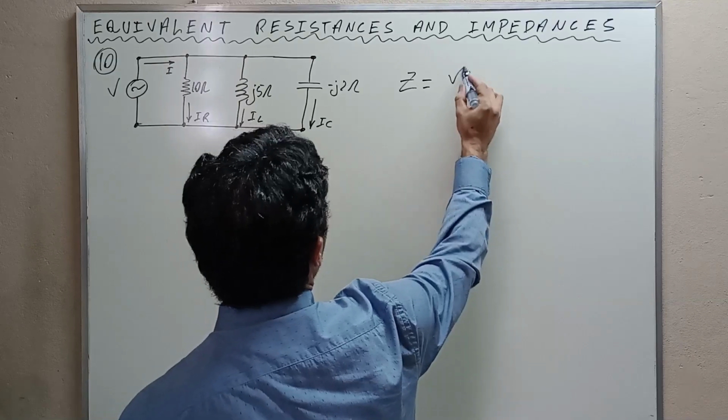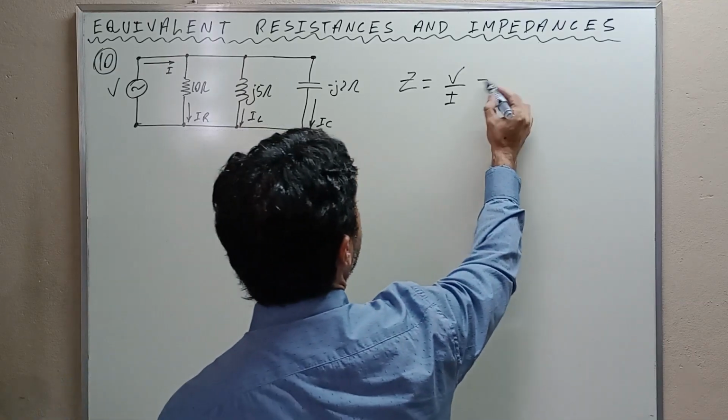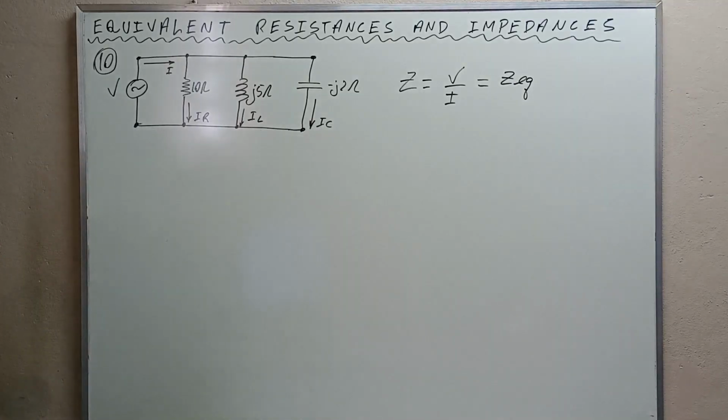Z is equal to V over I, and this is equal to the equivalent impedance. The impedance measured across the terminals of the source is equal to the equivalent impedance of the circuit. The equivalent impedance will result from the parallel combination between the resistance, the inductive reactance, and the capacitive reactance.